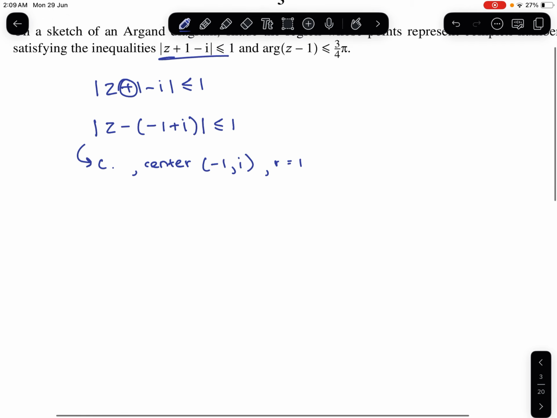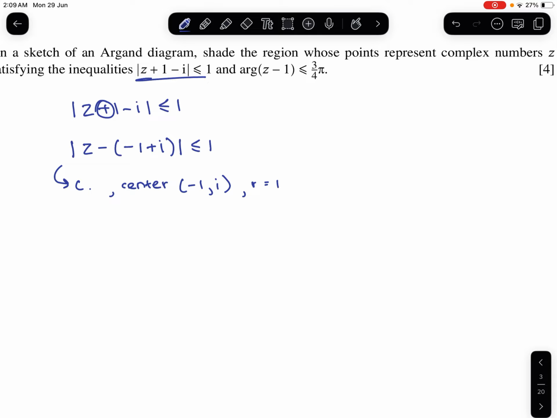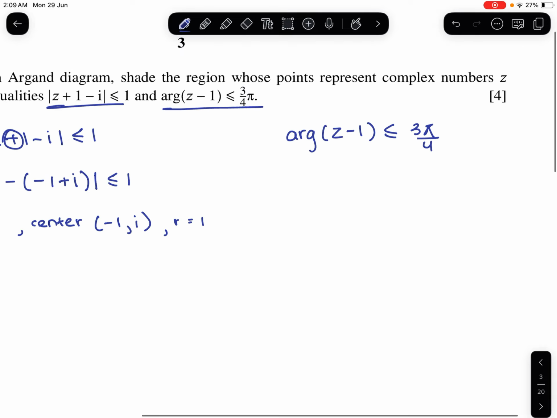Okay, now let's apply the same concept to this other inequality we've been given. That is arg of z minus 1 less than or equal to 3 pi over 4. We already have a minus sign in the middle, which is good because minus sign is what you want when you're dealing with modulus or arguments.